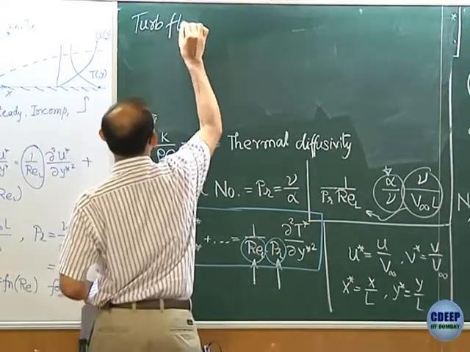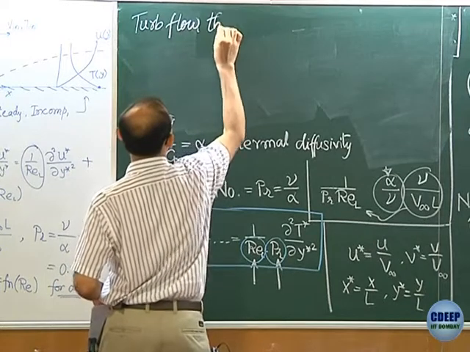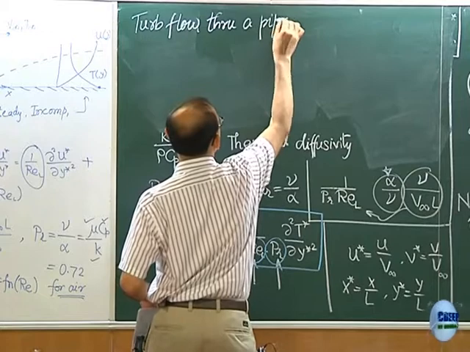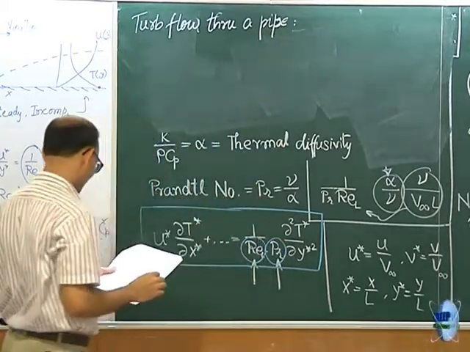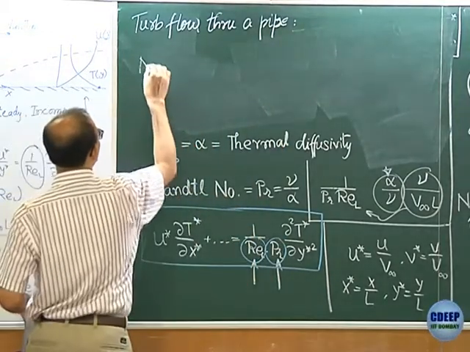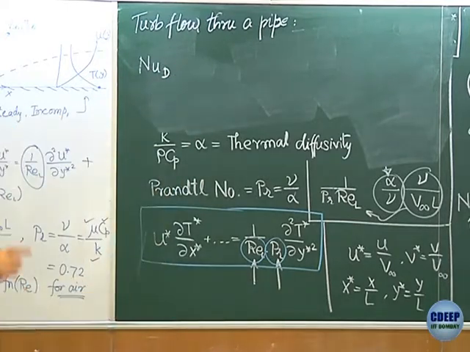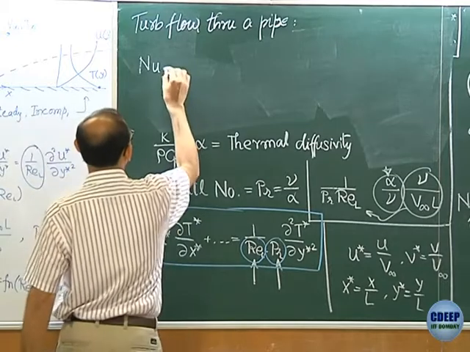Turbulent flow through a pipe. This would need some effort to write, but that is the one. It's defined in terms of the diameter of the pipe, because that's the length that we have.